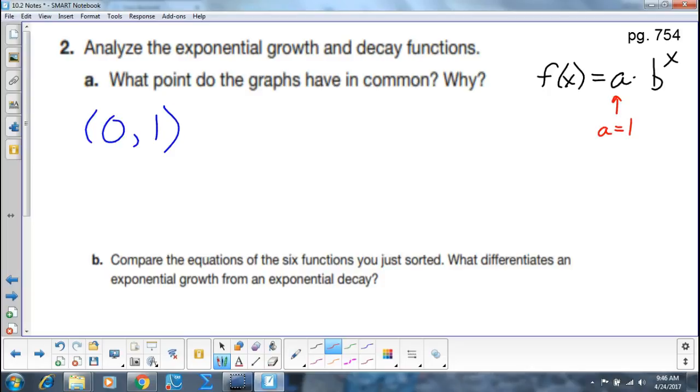And as Lauren just said, anything to the 0 power is 1. So 10 to the 0 power is 1. 2/3 to the 0 power is 1. 1.5 to the 0 power is 1. 1/3 to the 0 power is 1. 3 to the 0 power is 1. And 0.1 to the 0 power is 1.